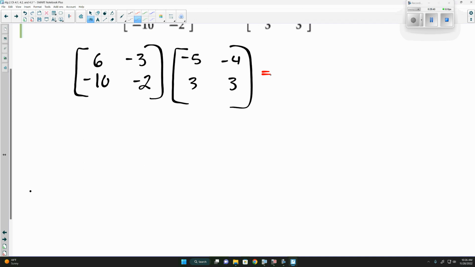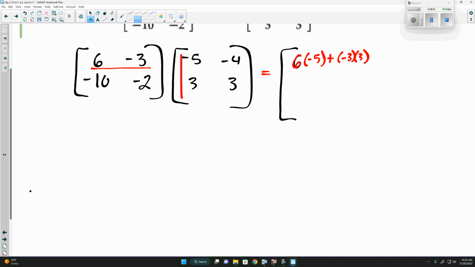So we look at this first part here. So the first thing we're going to do is go over and down. So we're going to have 6 times -5 plus -3 times 3.